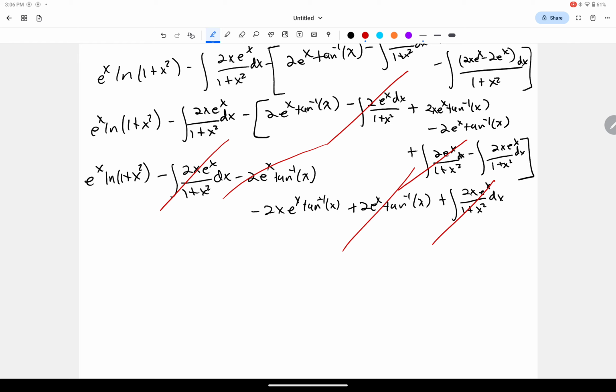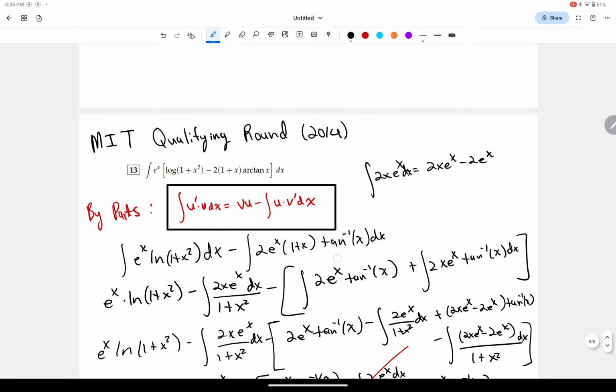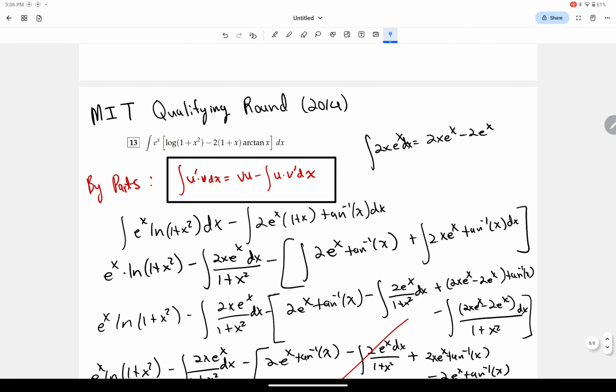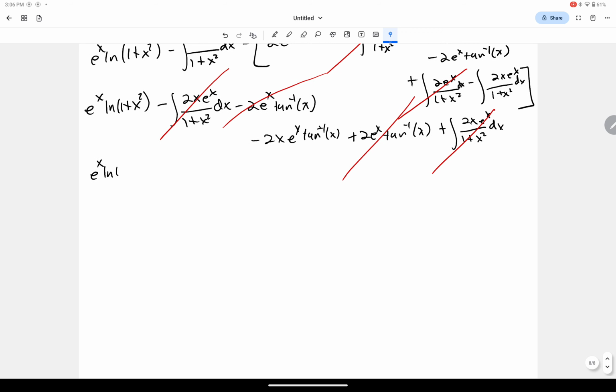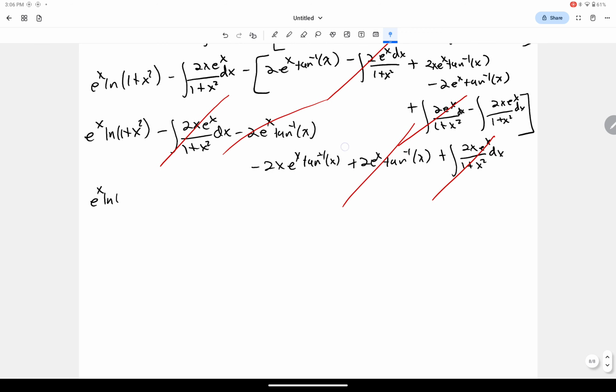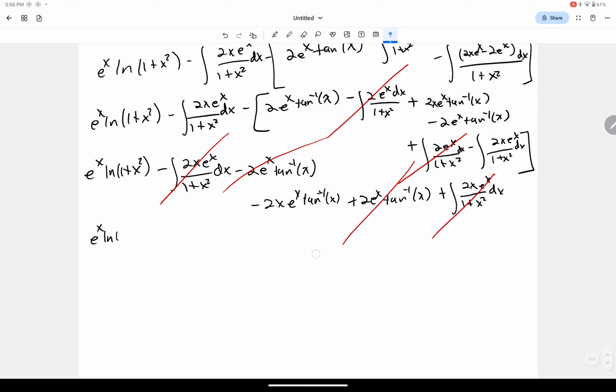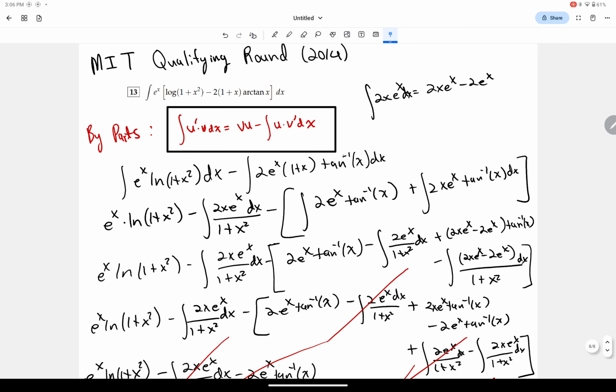So now I think I have the answer. And one more thing I want to note is that since this is an indefinite integral, meaning that if we look back up here, there were no specified bounds of integration, that means I have to put a plus c. Because again, if I were to differentiate the final expression, I should get back the expression on the inside.